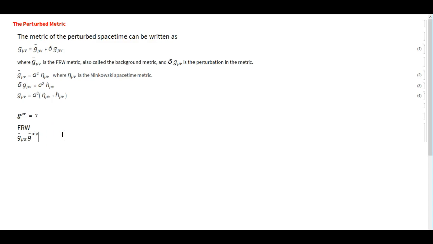So this we know from the standard model of cosmology that this is equal to delta nu mu, and if we write it like this, G, then this is equal to 1.